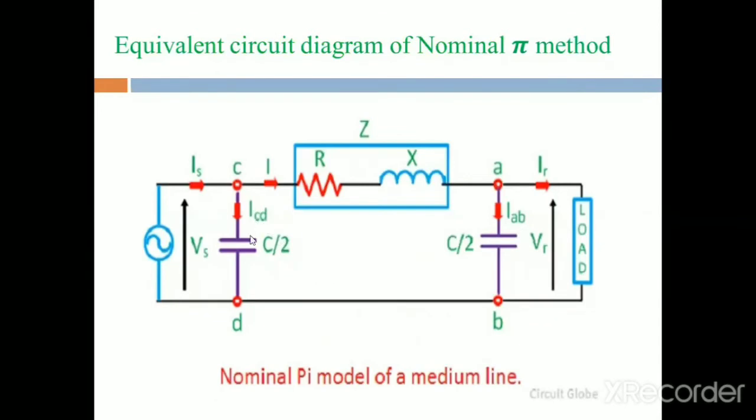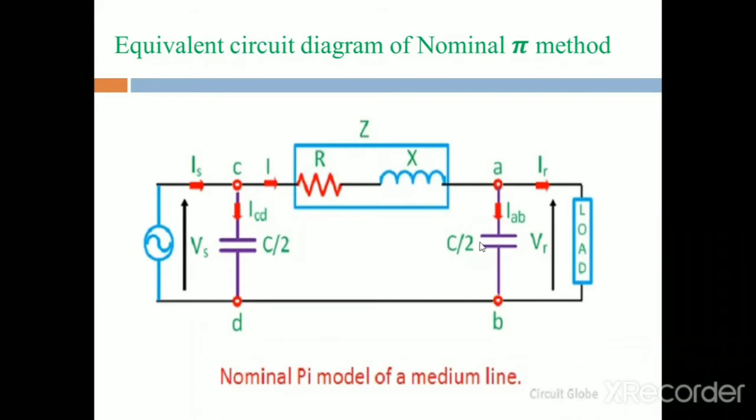Next, I is equal to IL, that is the line current. Next, R and X, resistance and reactance, make up Z, where Z is equal to R plus JX.